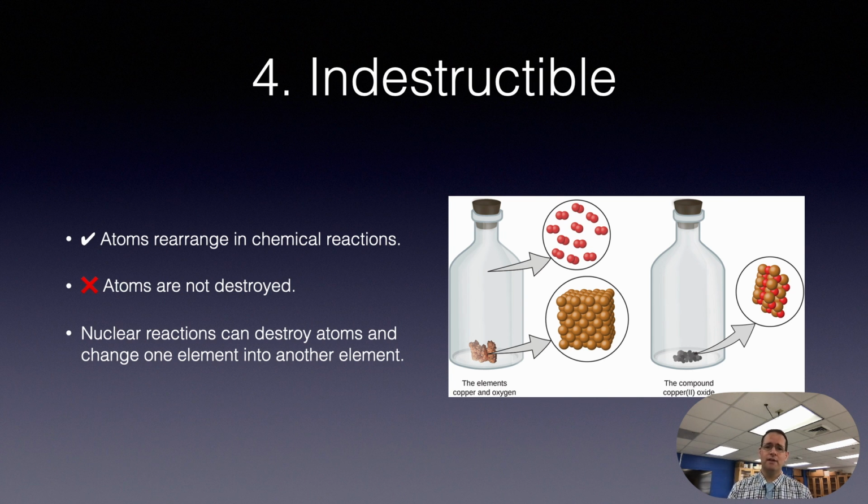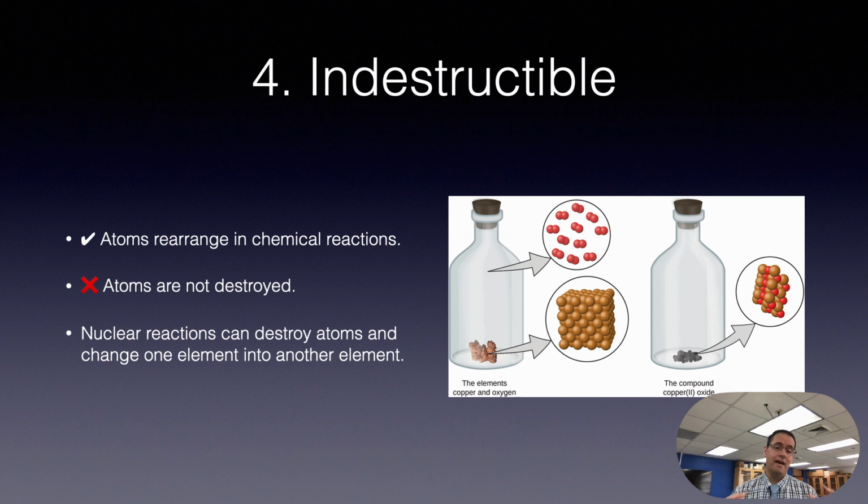So here's a chemical reaction. Here on the left, we have oxygen gas in that circle with the red balls there, and then we have on the bottom of this little bottle a chunk of copper. And copper, we've seen the model of that is just a whole bunch of little spheres arranged in a lattice there. And when these two react, they form copper oxide, this chemical where copper and oxygen are bonded to one another through chemical bonds.